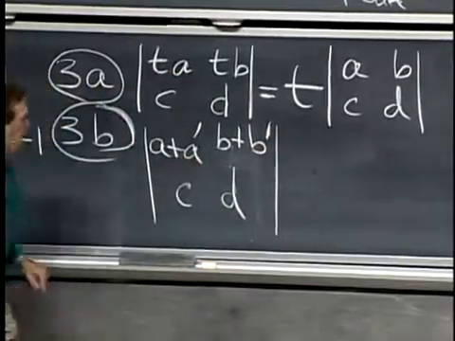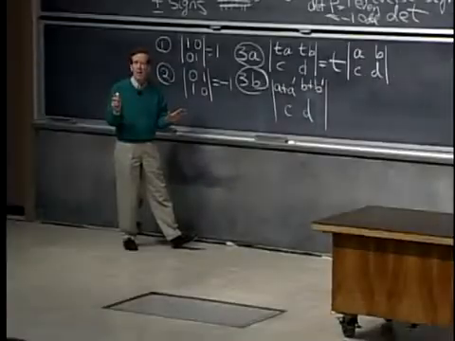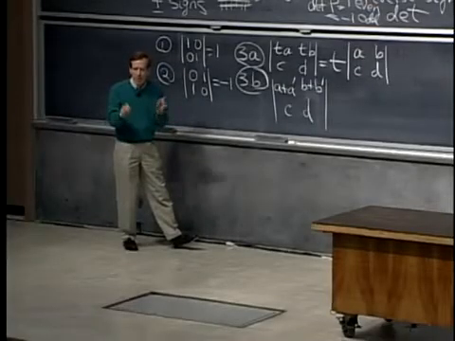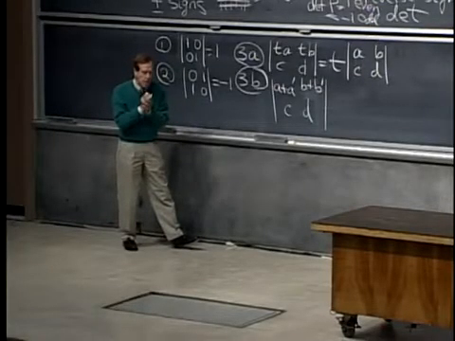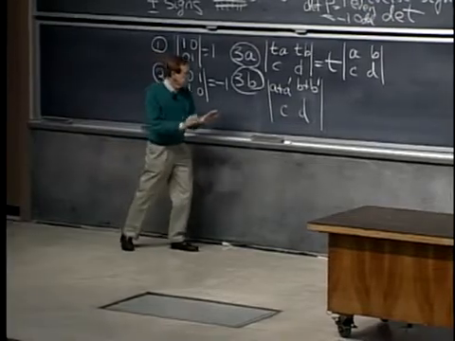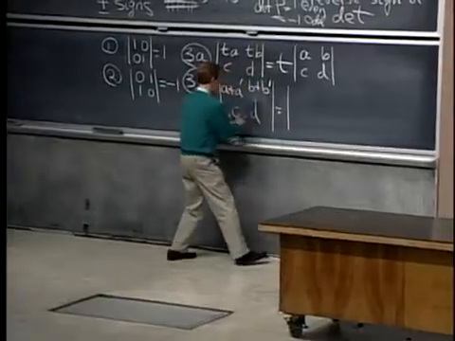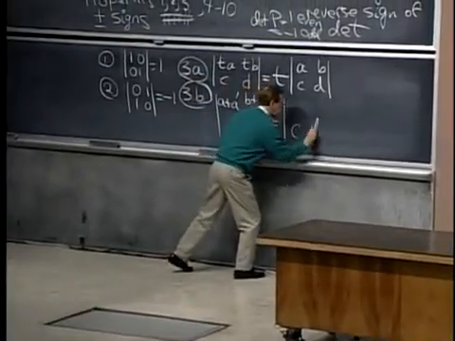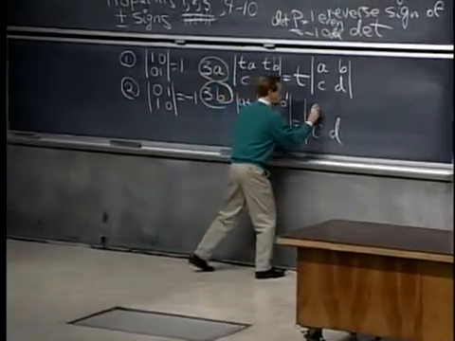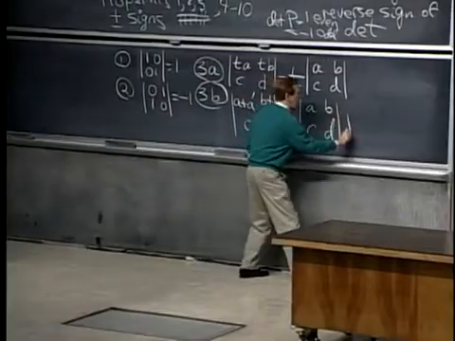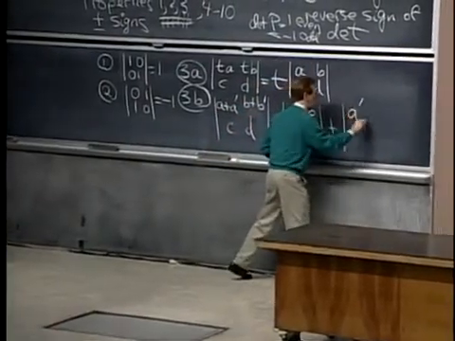This property and this property are about linear combinations of the first row only, leaving the other rows unchanged. They'll copy along. Then I get the sum. This breaks up into the sum of this determinant and this one.